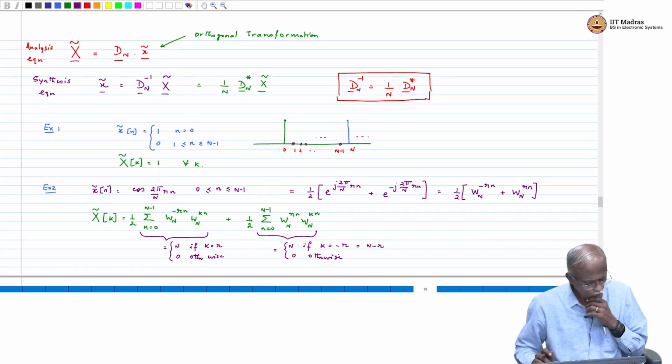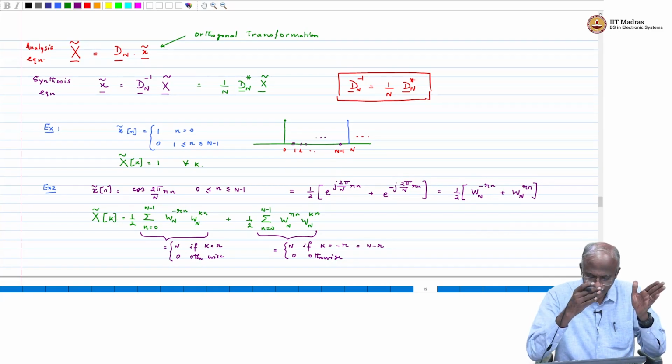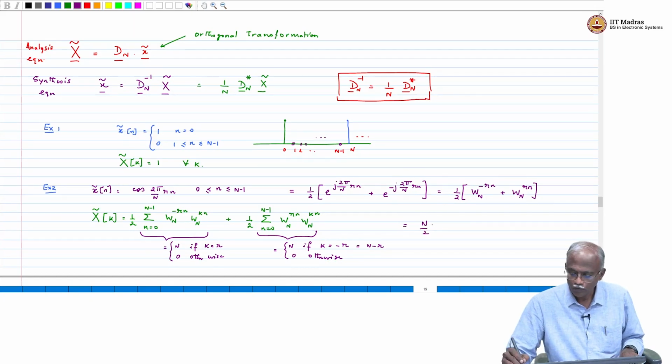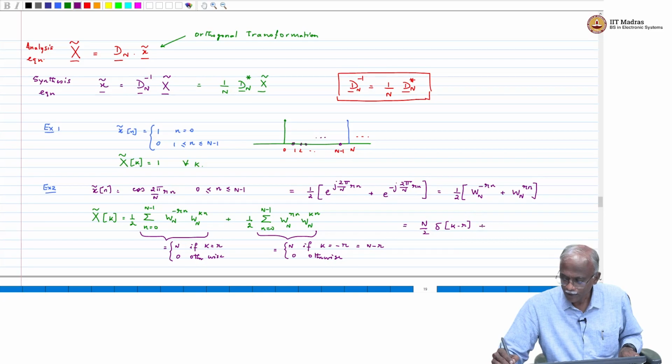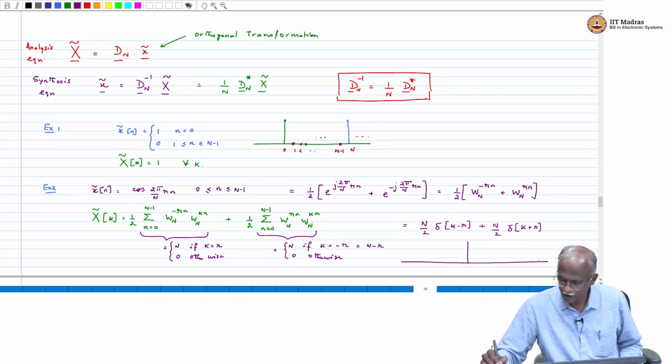Okay. So what we have is an expression where x tilde of k is equal to N by 2 delta of k minus r, plus N by 2 delta of k plus r. If you were to sketch this expression, maybe I can sketch it in this corner here.